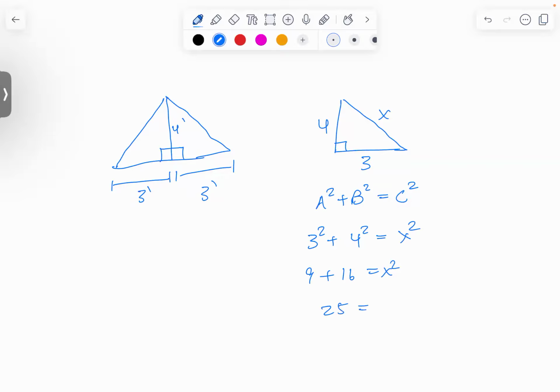Oh, look, 25 equals x squared, square root. X equals 5 feet. Like I said, it is the famous 3, 4, 5 right triangle.